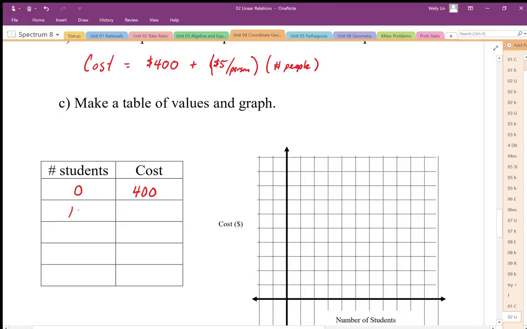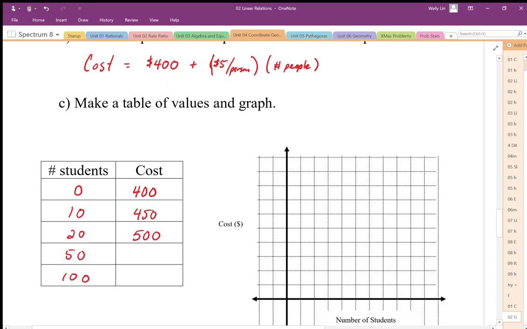Maybe I should go up by 10 people. So for 10 people, I've got to charge $5 per person. So that's $50 plus my DJ is going to make it $450. Okay. I'm going to go up to 20. That's going to be $100 plus the DJ. Okay. I'm going to go up to 50 and 100.